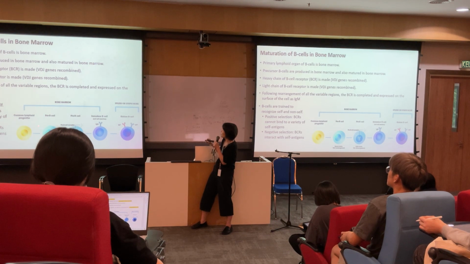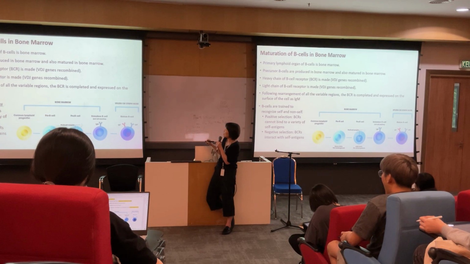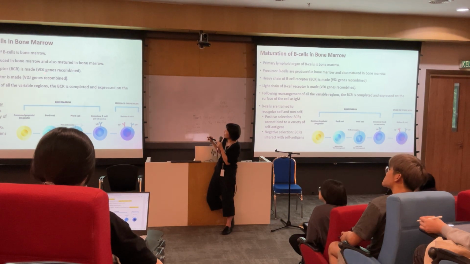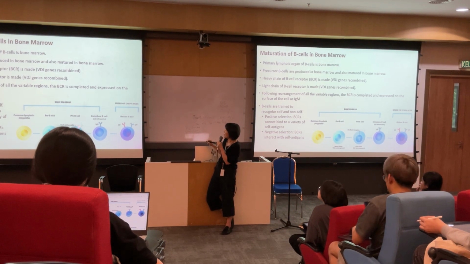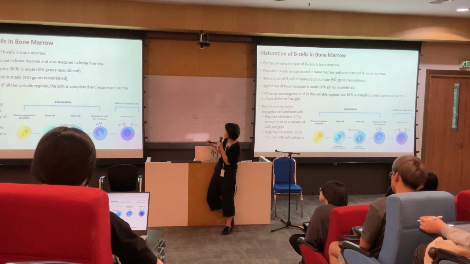They first become the pro-B cells, which is ready at the gene level. They make combinations of these segments. So VDJ is the variable segment for the heavy chain, and VDJ again, there is another one for the light chain. So they are making their B cell receptor during the maturation.